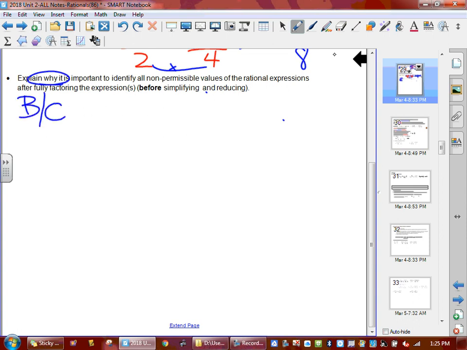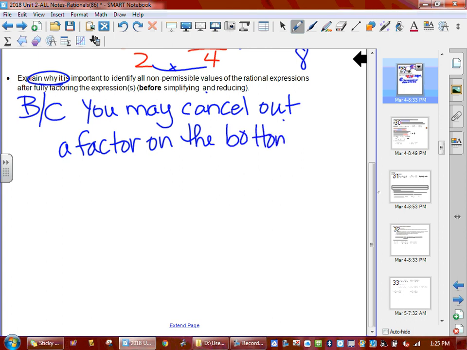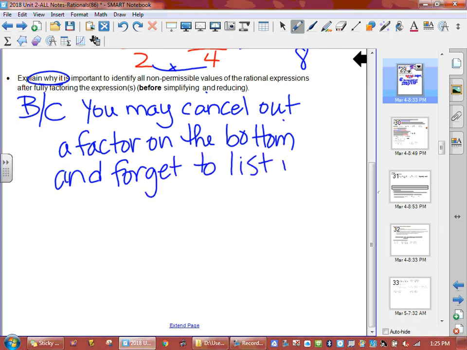It is because you may cancel out a factor on the bottom and forget to list it as an NPV.